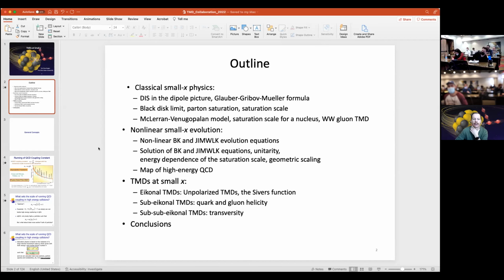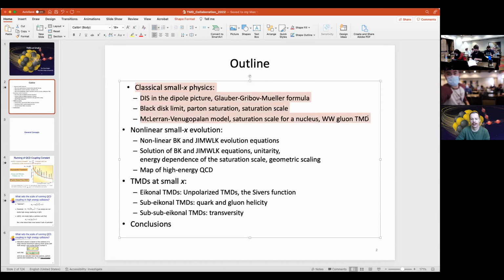And then today the goal was to finish small x evolution and talk about TMDs at small x. As usual, the goals turned out to be too ambitious. So in practice, what we covered last time was just the first third of the plan, just the classical small x physics. So today we're going to talk about nonlinear small x evolution.